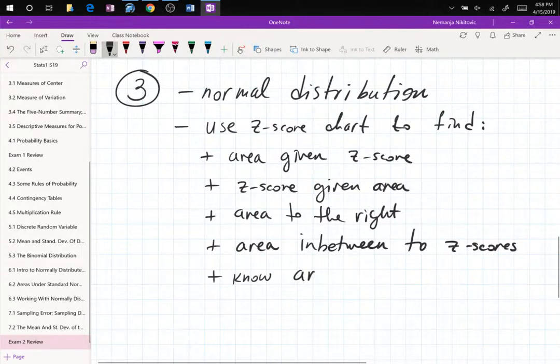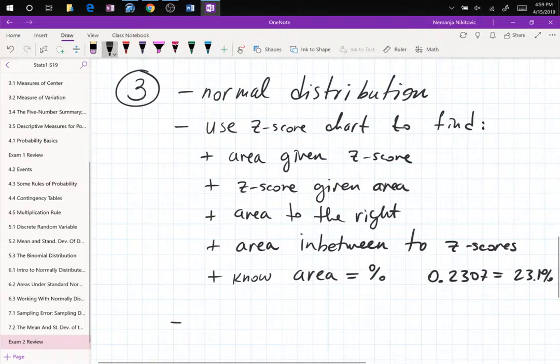Know that area equals percentage, so 0.2307 is equal to 23.1, let's say, percent. So to know that stuff, the z-score chart.